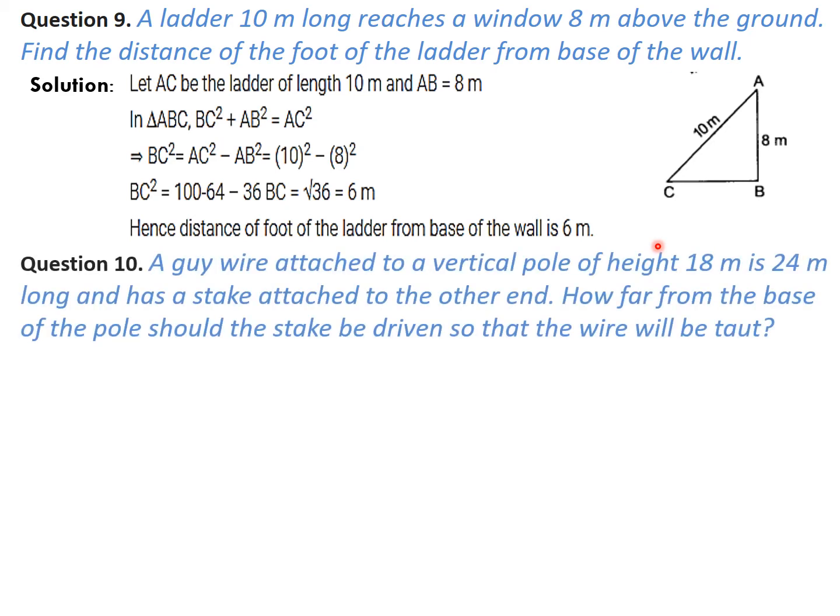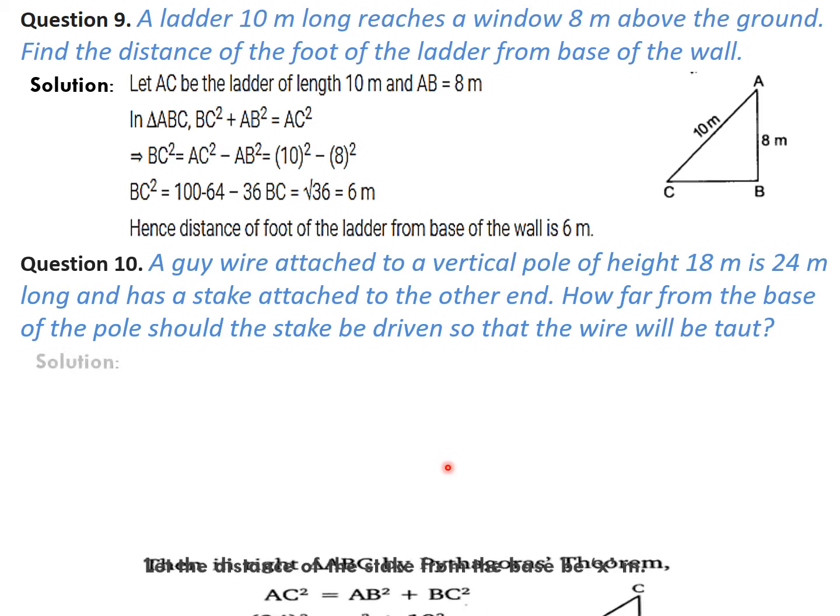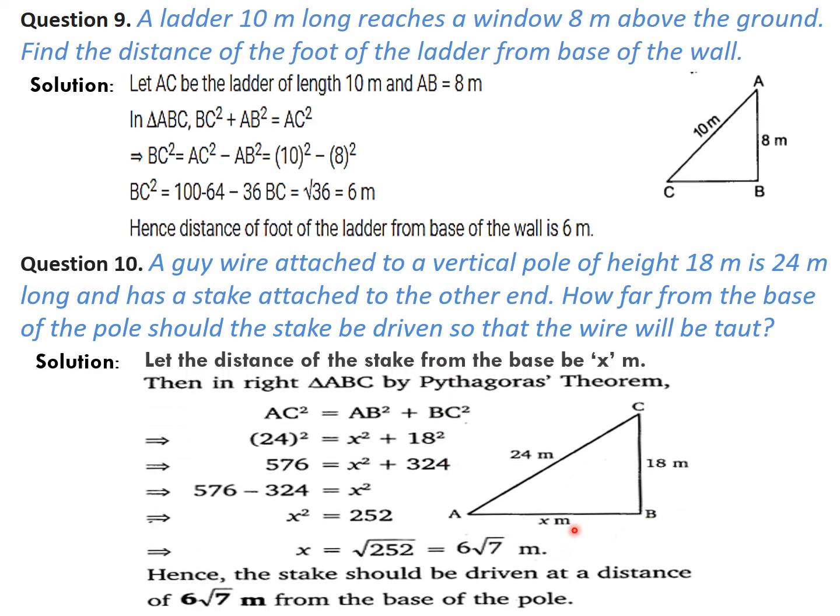Question number 10. A guy wire attached to a vertical pole of height 18 meter is 24 meter long and has a stake attached to the other end. How far from the base of the pole should the stake be driven so that the wire will be taut? In this diagram, BC is the vertical pole which is of height 18 meter and AC is the guy wire, so it is of length 24 meter.